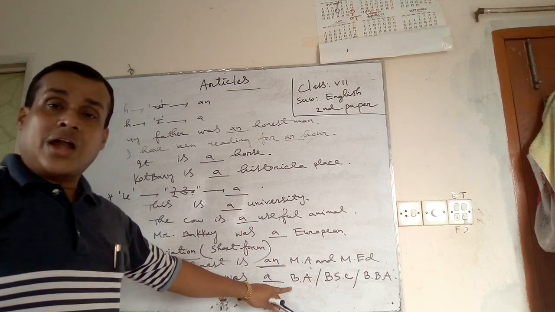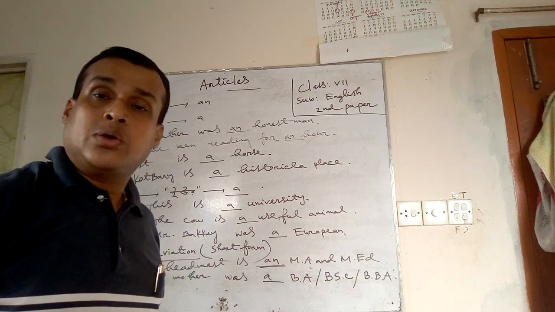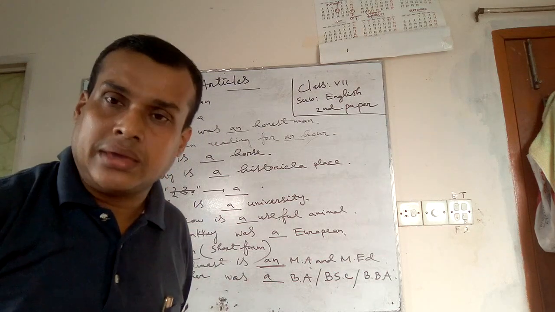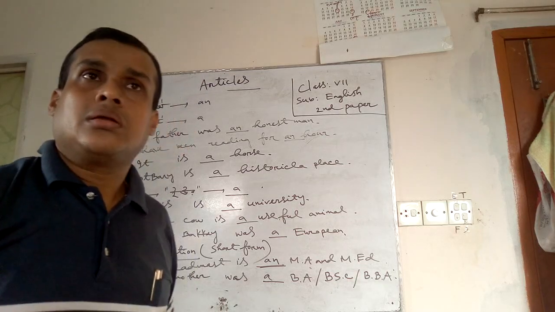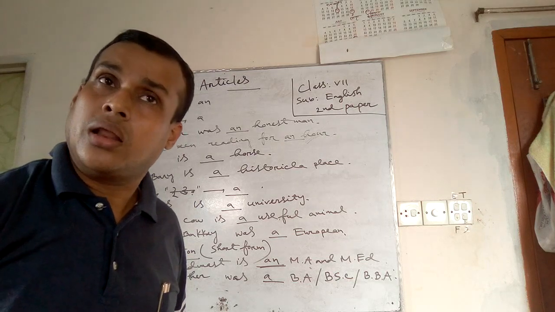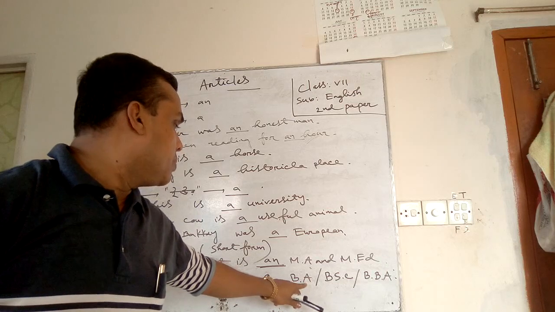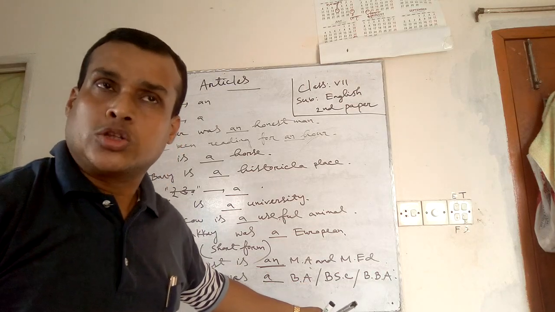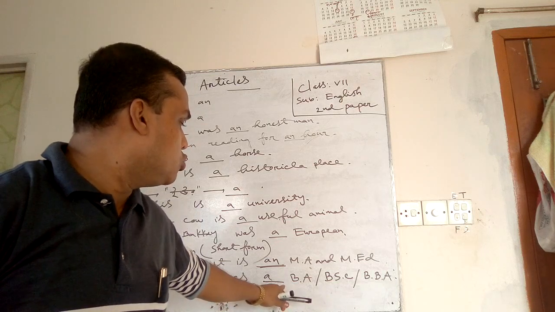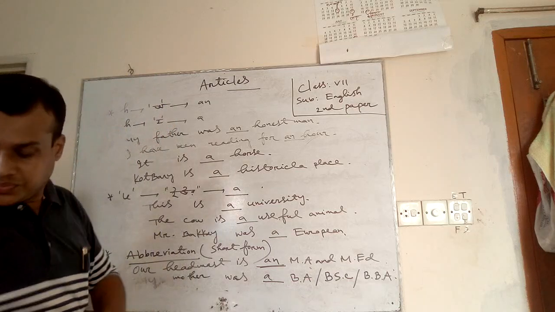BA, a BA. You utter the B as "bee". There is no pronunciation of a vowel at first. Any vowel? B. BA. There is no vowel pronunciation. So we should use a. A BA. Next example.